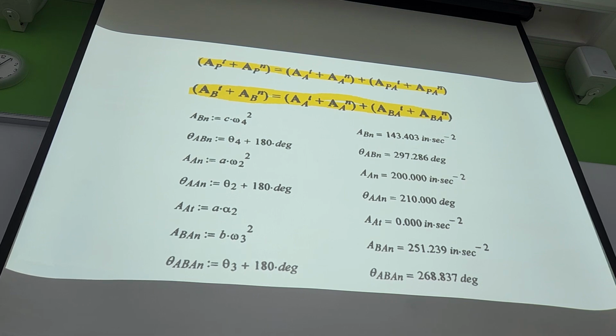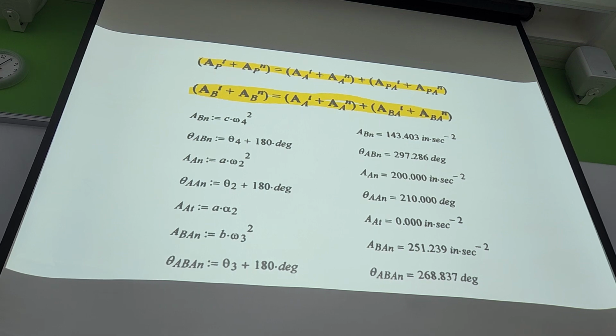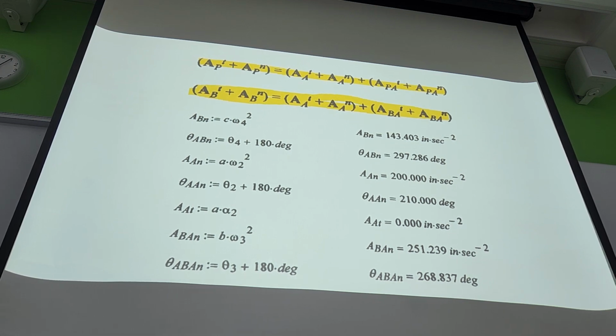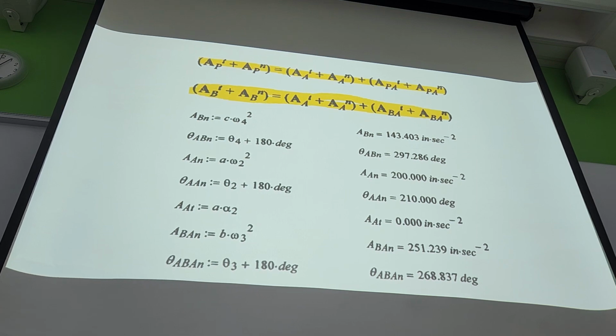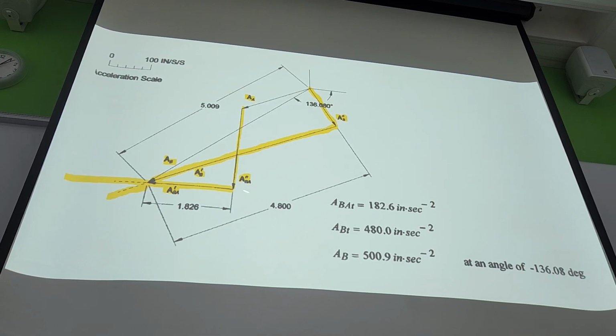Otherwise, you just fix your coordinate axis, then start drawing first point A, completing both normal and tangential components. Then from the tip of the acceleration of point A, draw BA normal, because for BA normal you always know the magnitude and direction. Then from the tip of BA normal you draw a perpendicular dashed line.